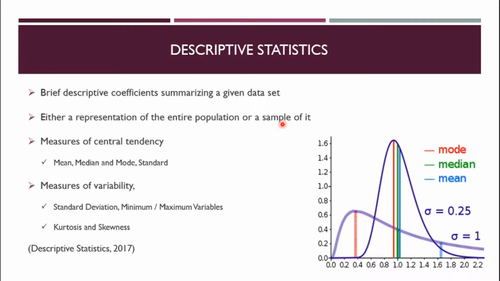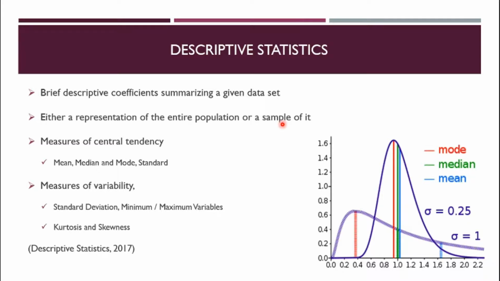Descriptive analysis is a brief descriptive coefficient summarizing a given set of data, which can either be a representation of the entire population or a sample of it. For example, we have one data set of 450,000 records, however we are only using a sample of it, which is 20,000. So we can either use the whole data or choose a random sample and work on it.